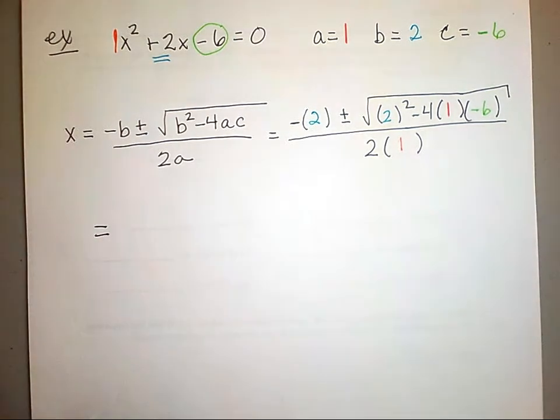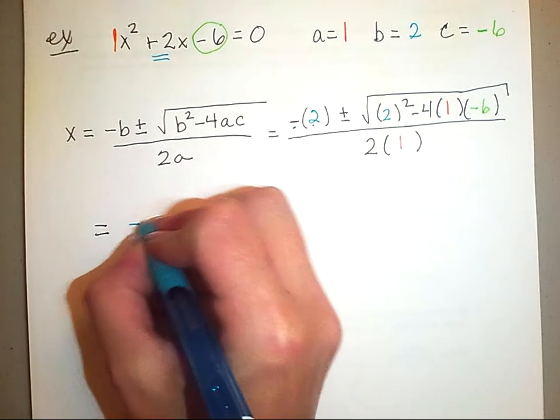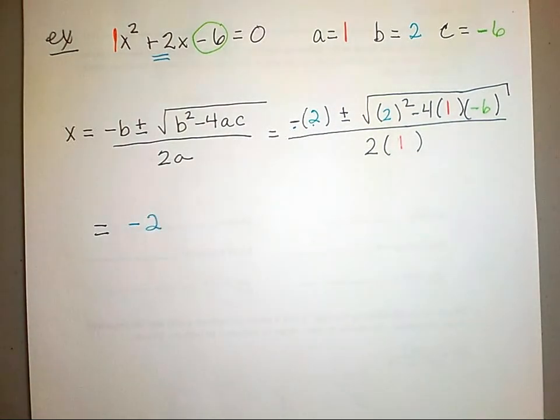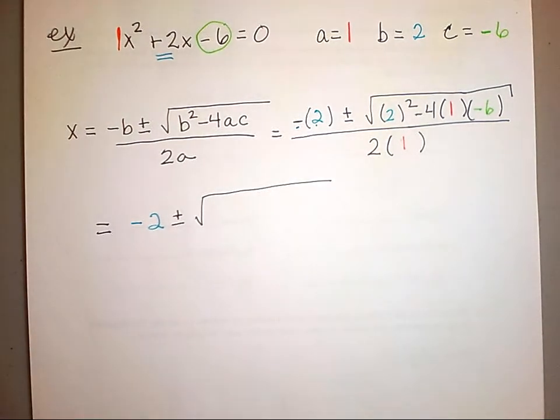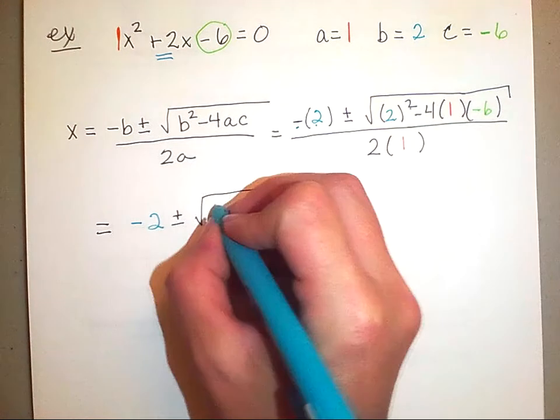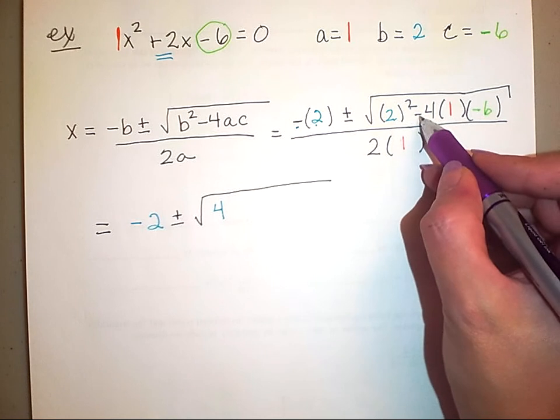Now let's start simplifying. Well, from here, a negative times positive 2 is negative 2. Then plus or minus the square root. 2 squared is 4. Now, I'll deal with the signs first.